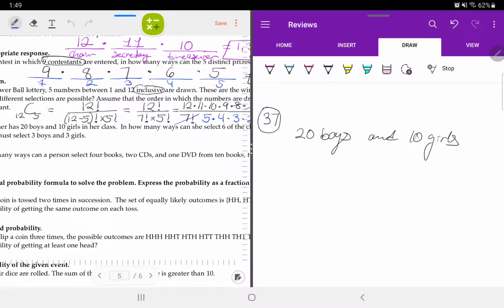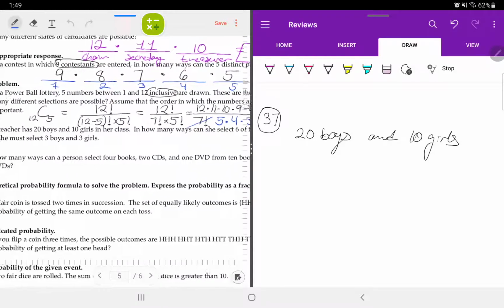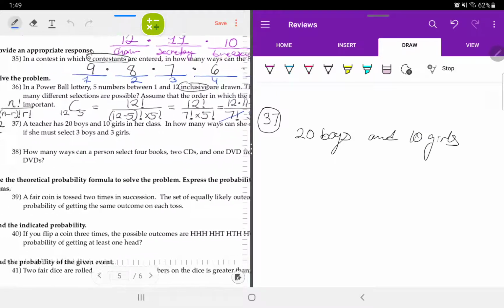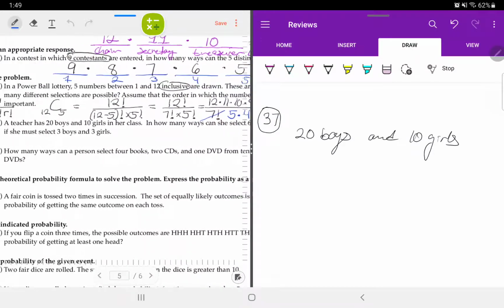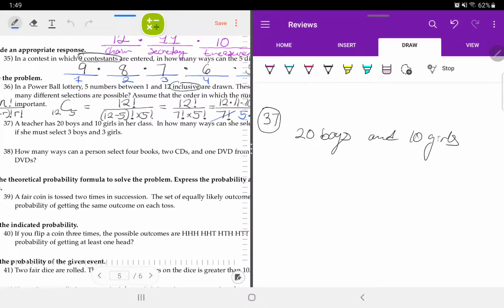And the teacher must select 6 of the children to be in a play, and she must choose 3 boys and 3 girls.